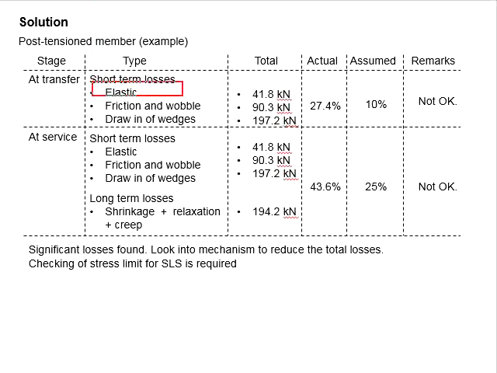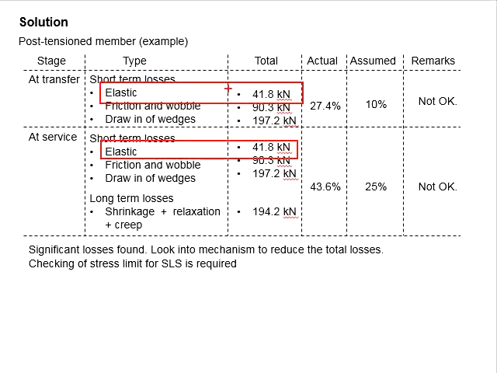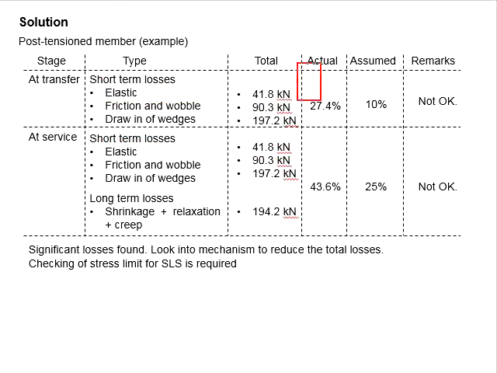With that, you are able to eliminate the elastic losses, and these elastic losses can also be eliminated at the service level. Through this, it is possible for you to significantly reduce the losses. This can likely reduce the losses to an acceptable level, which is close to this.